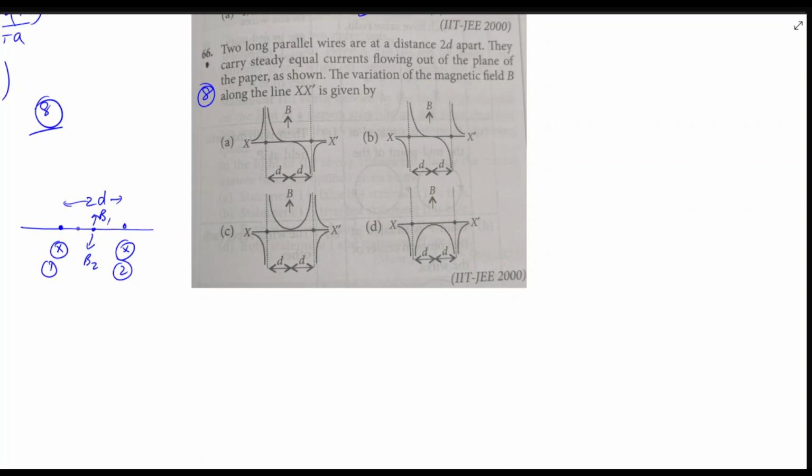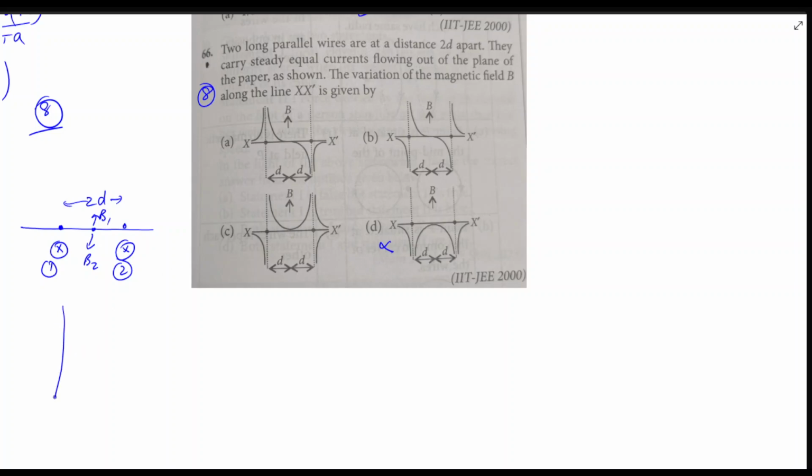As you move towards one wire, the magnetic field will shoot to infinity. Right? So as you approach, due to first wire, magnetic field will shoot to infinity. And look, the magnetic field due to first wire in this region is in upward direction, so it is positive, right? So this D option is incorrect.